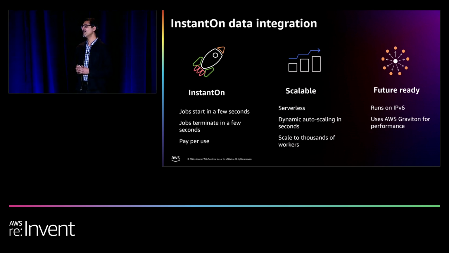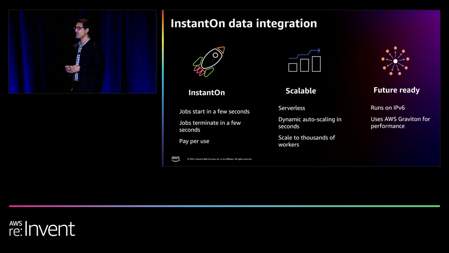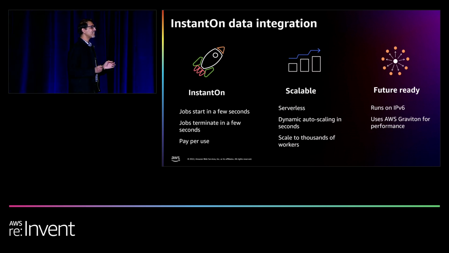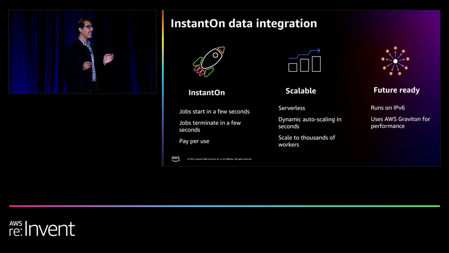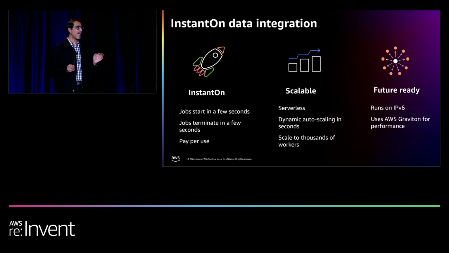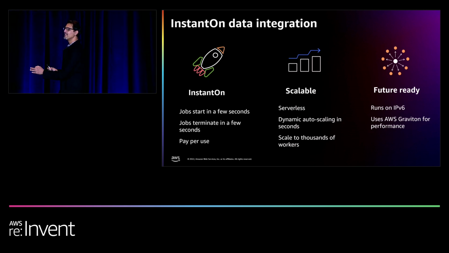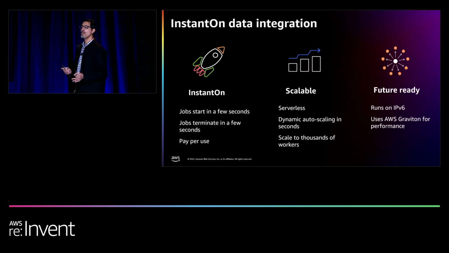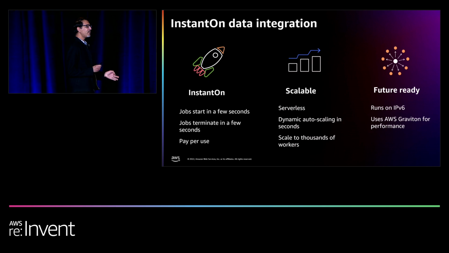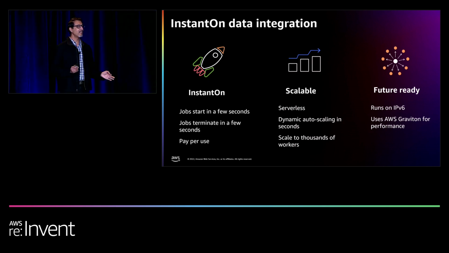So at AWS, this has been our latest innovation. We've built a completely new data analytics platform that enables you to bring up compute for analytics in under a second. Yes, in under a second. You can scale up compute and scale down compute in under a second.